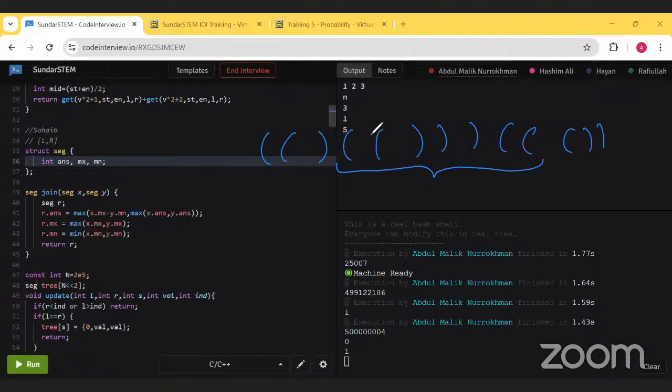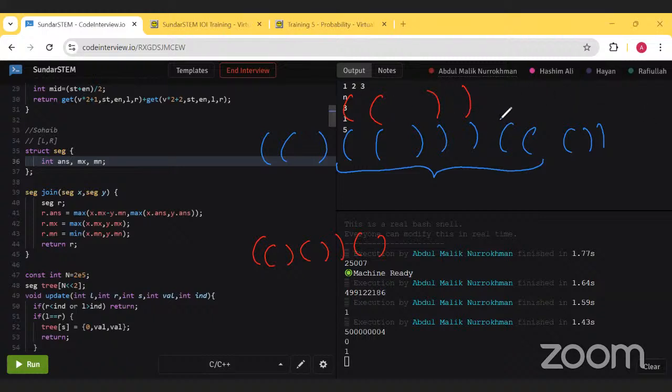Let's say this is the correct bracket. This is the correct bracket, right? Let's say this is also a correct bracket, but this is not. Okay. What is the longest subsequence of correct brackets here?